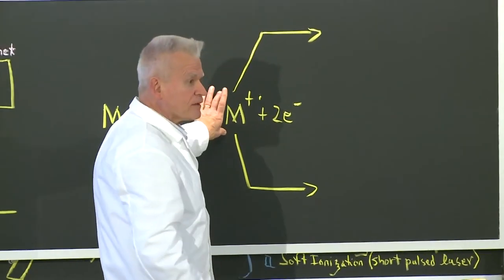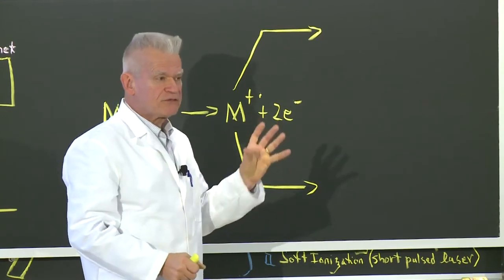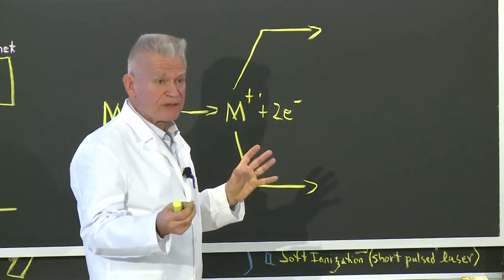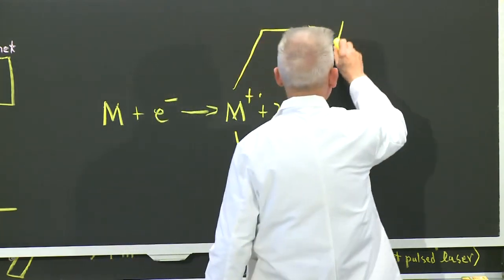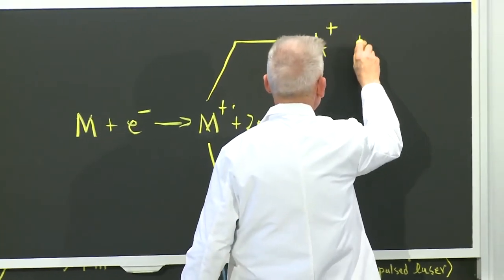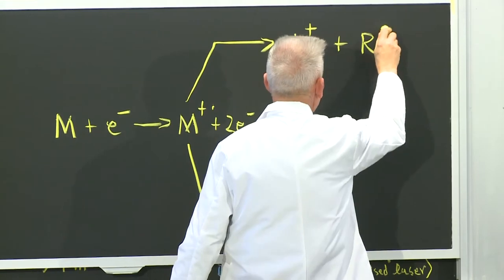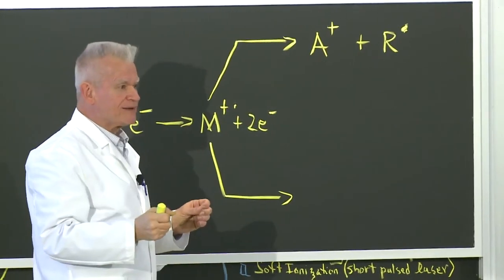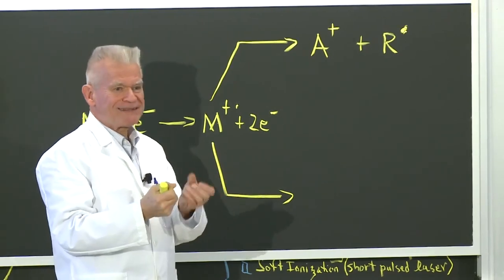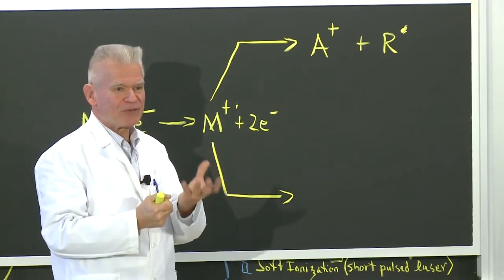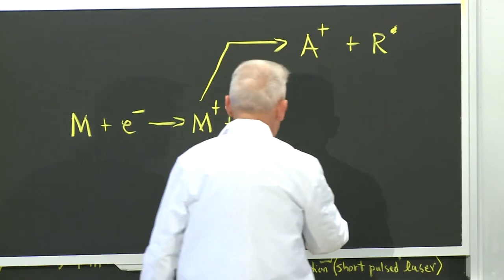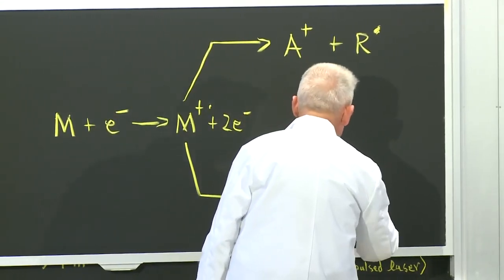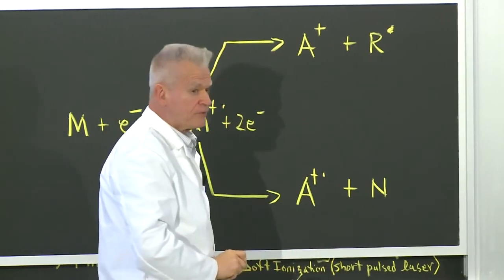It could break apart, so the positive charge could be retained on one part of it and the radical on the other. So you could get something like A+ plus some radical given off. Or it could break apart so that one part retains both the plus and radical, and you get this type of ion and a neutral molecule given off.